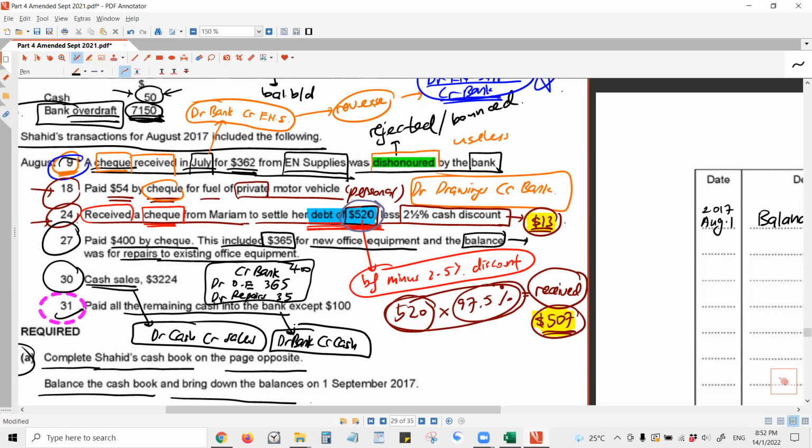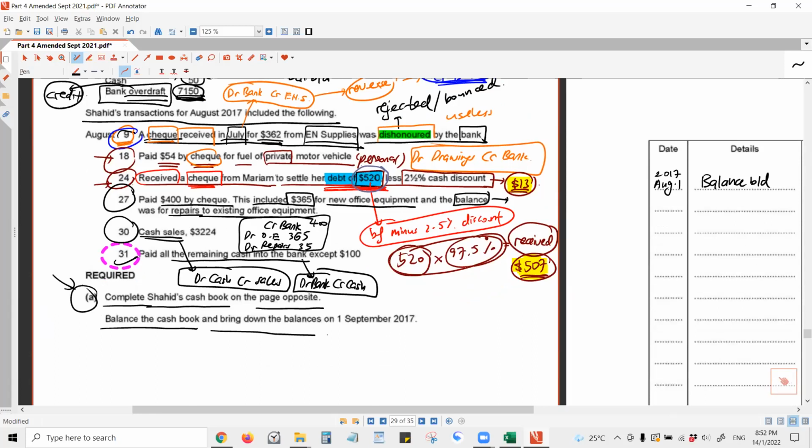But what amount should you use? So many students, they have problem when they are looking at this line. But this line is very, very popular in the exam. So how to find the amount that you put into the bank? You have to first see how much cash we have right now.